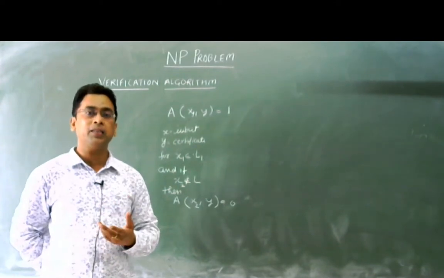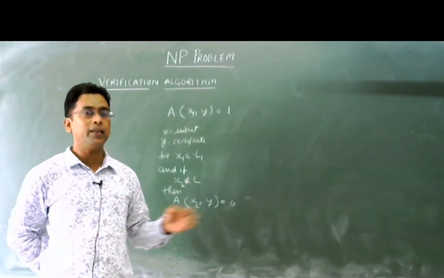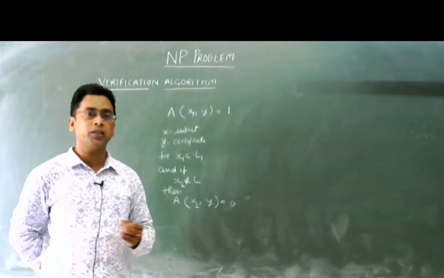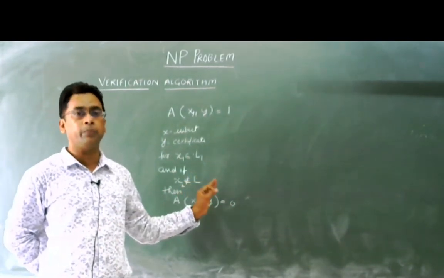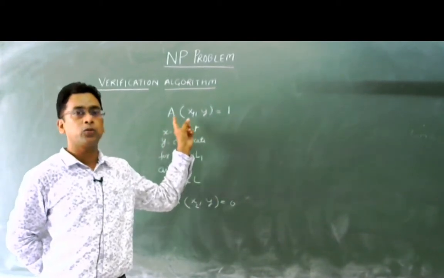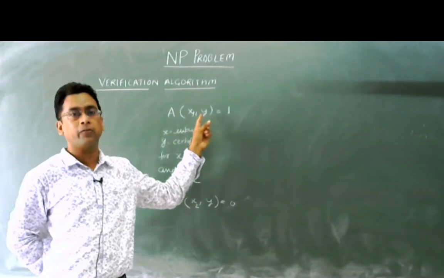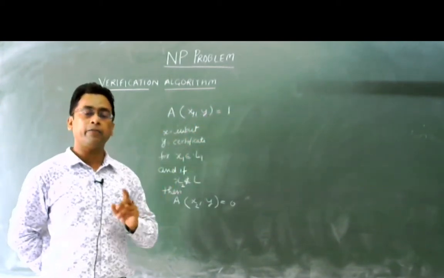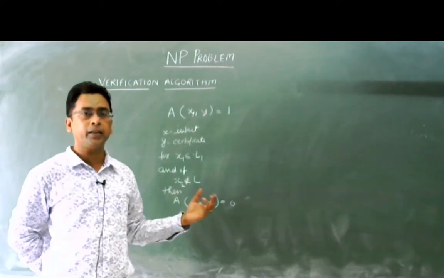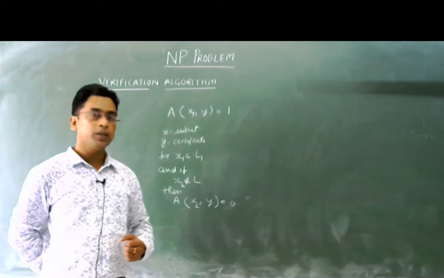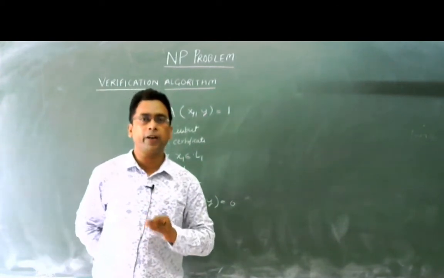Basically, L is a decision problem. According to the conditions, if X is the input for which the conditions are satisfied and it is passed through the algorithm A, then the certificate Y will be equal to 1. And if it does not belong to the language, then the certificate would be equal to 0. This is called the verification algorithm.